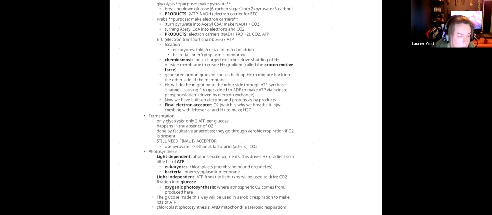I mean, it's most photosynthesis. I don't know how to word it, but not all processes of photosynthesis create oxygen. There are types of photosynthesis that don't have oxygen as a product. They make weird stuff instead. So, but yeah, if it does make oxygen, actually produced here, then that's fine. It's made in that part of the reaction. So, but yeah, that is pretty much it for the rundown here.